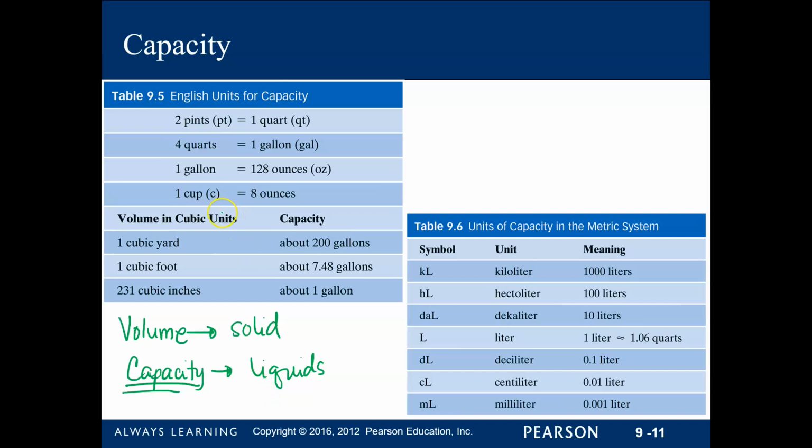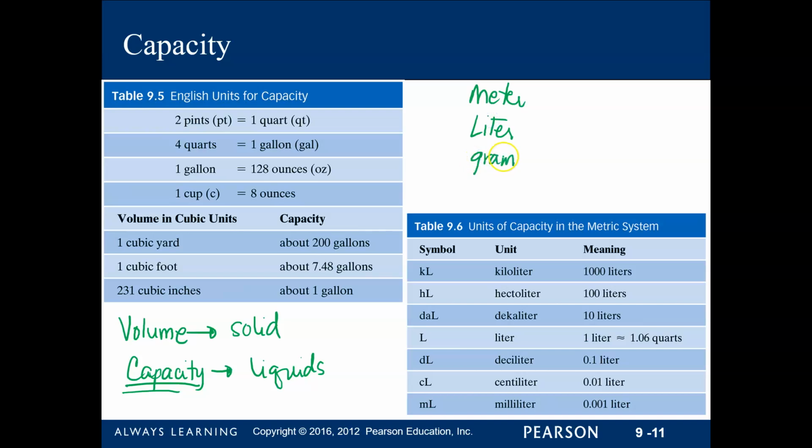Here we have the English units for volume and capacity. For the metric system, capacity is measured with liters. It's the capital L. Again, we have three basic units for the metric system.